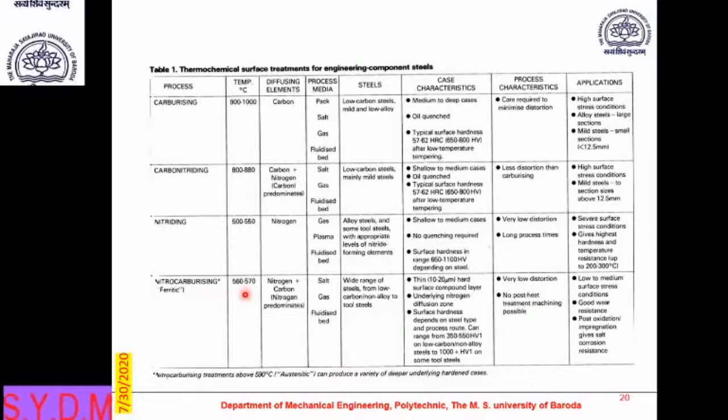Now this means that nitriding and nitrocarburizing don't have austenizing phase transformation. For carburizing and carbonitriding, the temperature range is where austenizing takes place. So in these two processes, austenizing is the main methodology of imparting hardness.